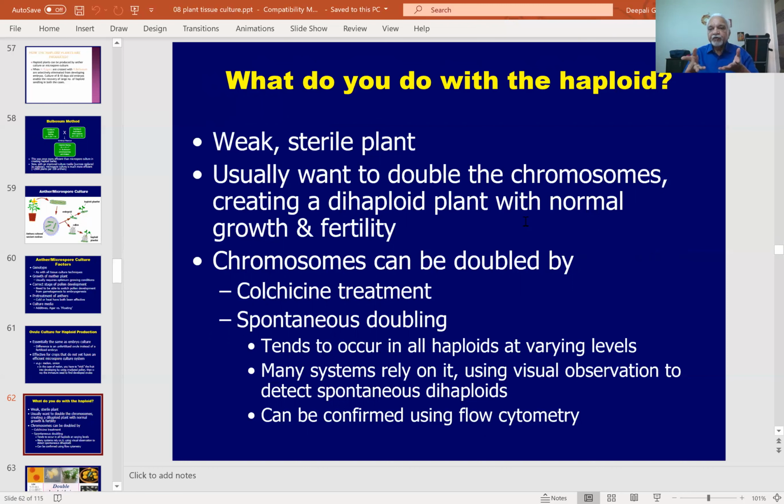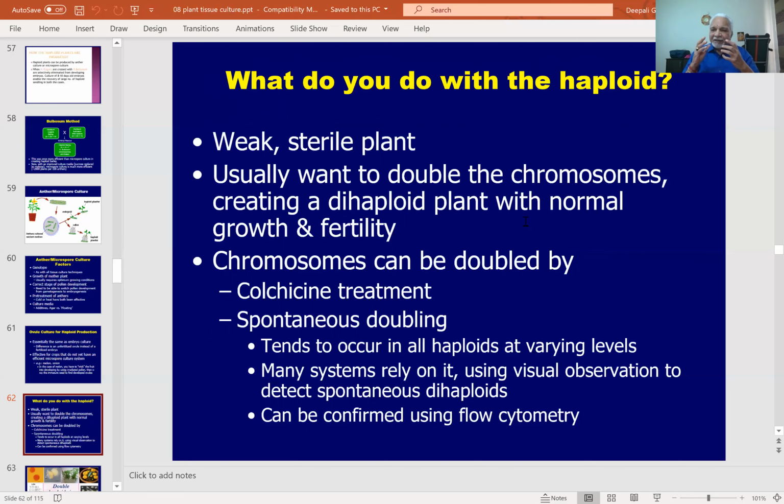When you spray colchicine on the plant, the diploidization takes place. Once the diploidization has taken place and the plant is now a dihaploid, it is like any other plant, which has two sets of chromosomes, diploid.